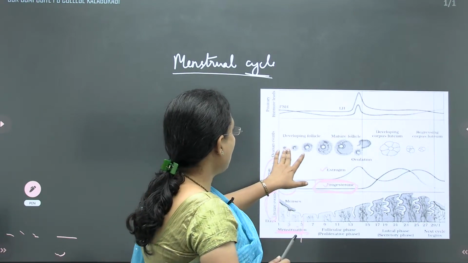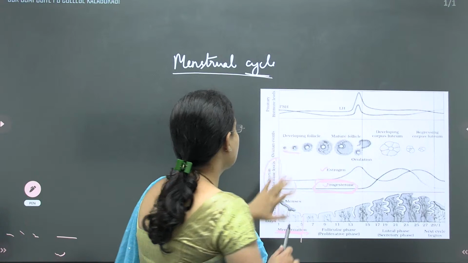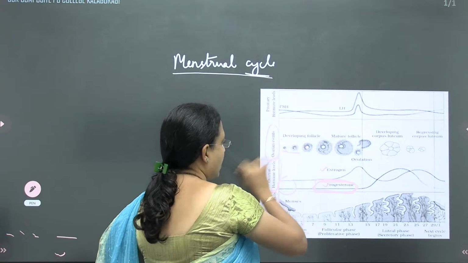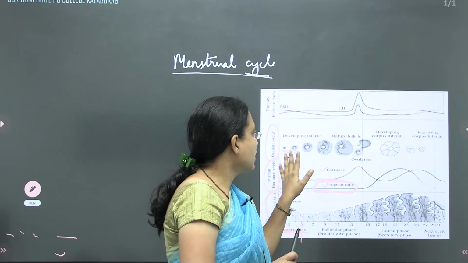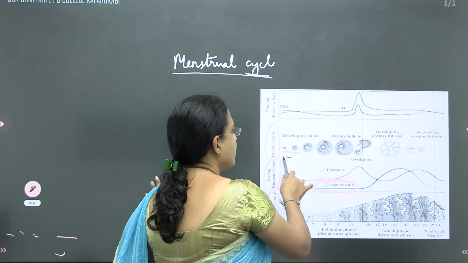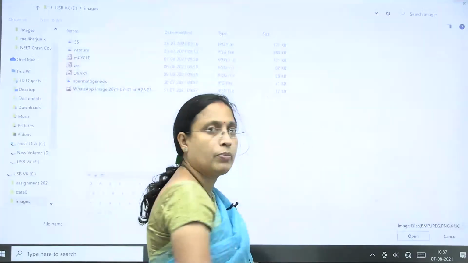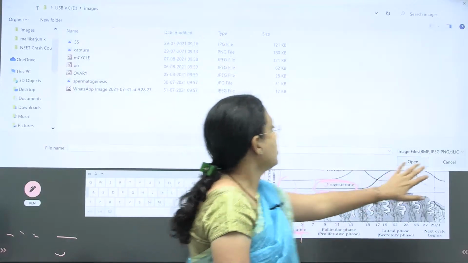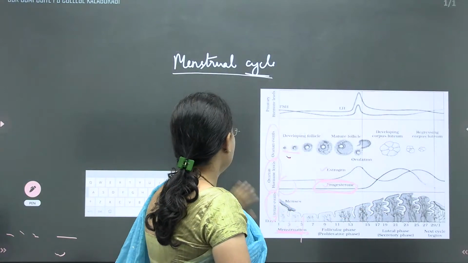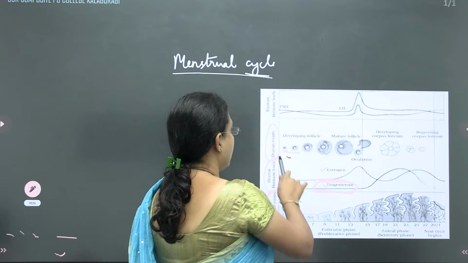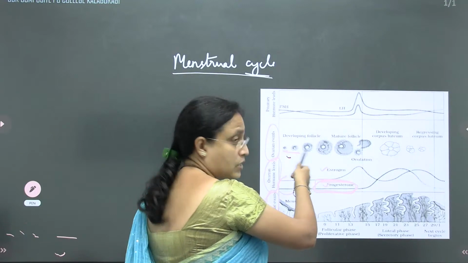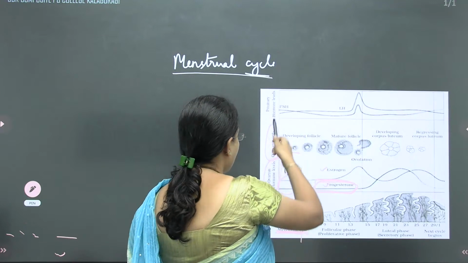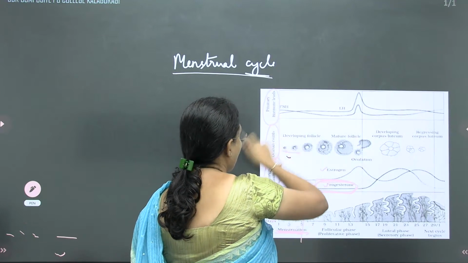Then during menstruation, what happens in the ovary? The follicles still tend to show development here. You can see follicles developing slowly. Now, what happens to the pituitary hormones?